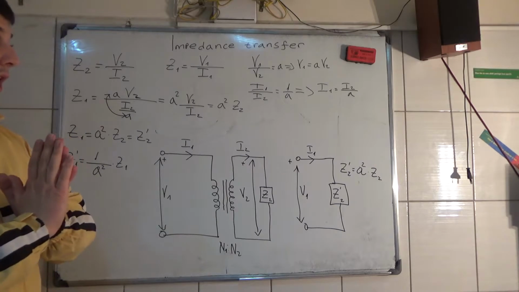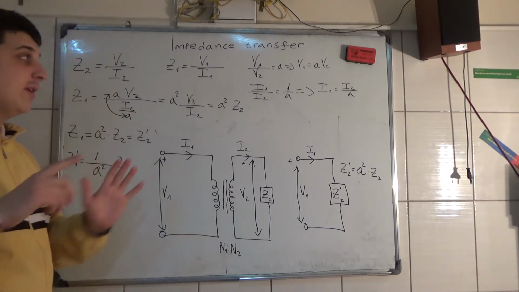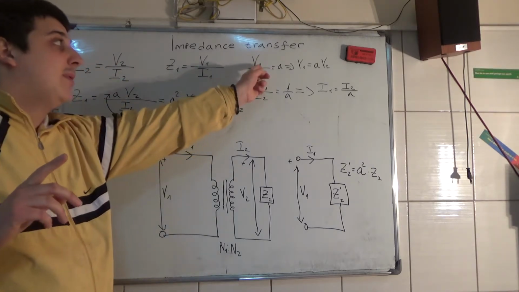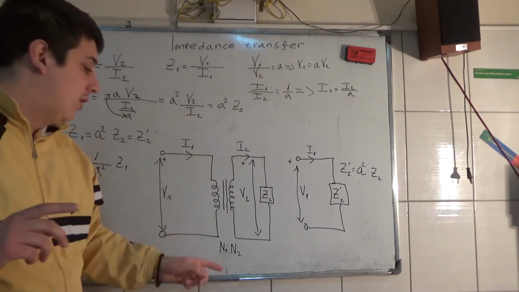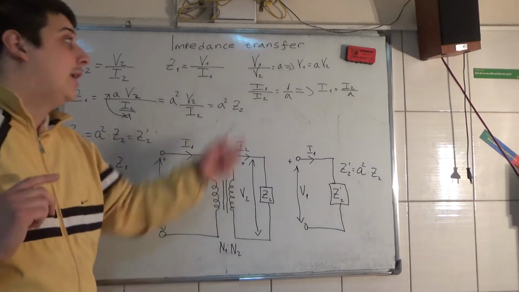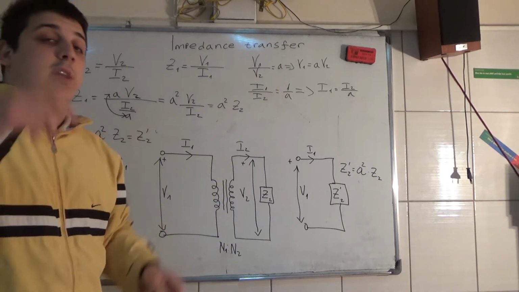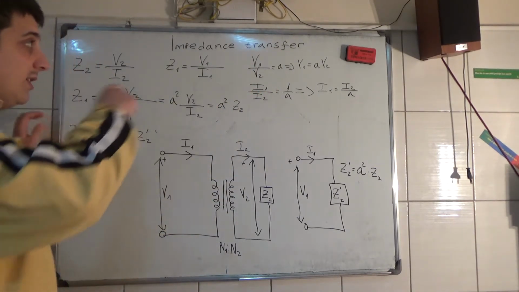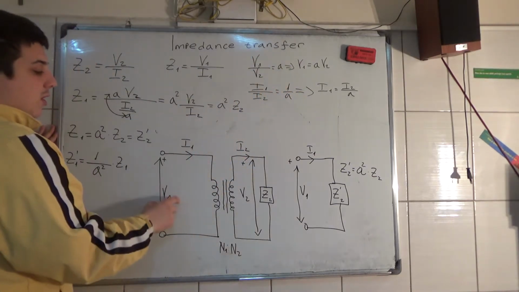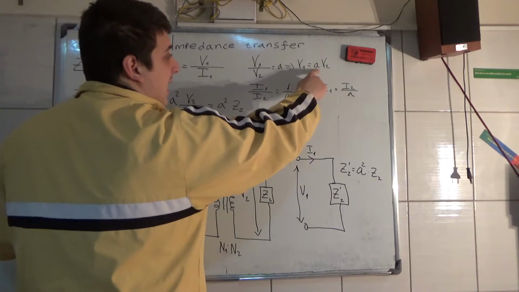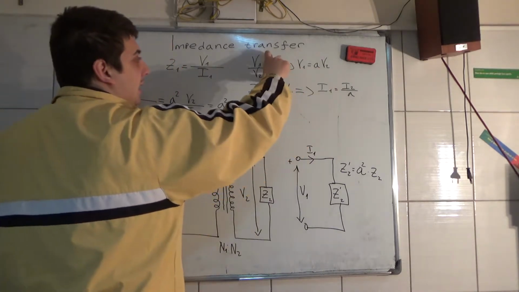Now remembering some equations, V1 divided by V2 is equal to A, which is equal to N1 divided by N2, and that A is called the turns ratio. From this you can see that V1, the voltage on the primary, is equal to A times V2.